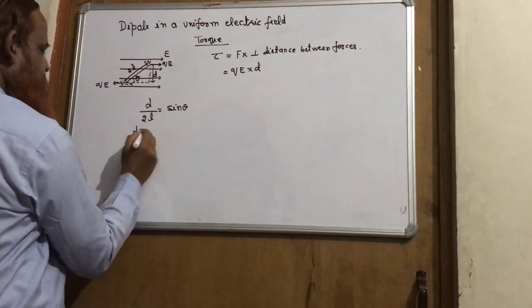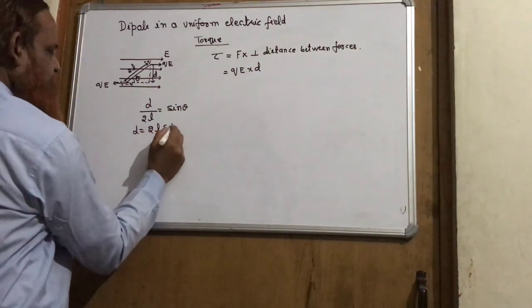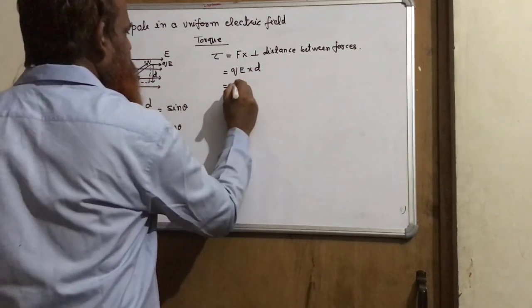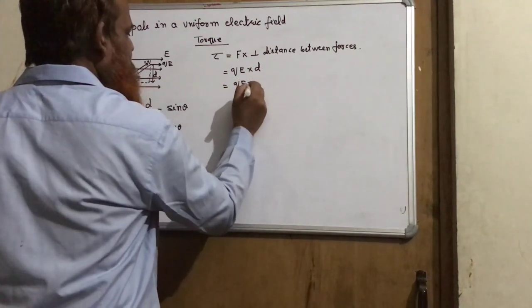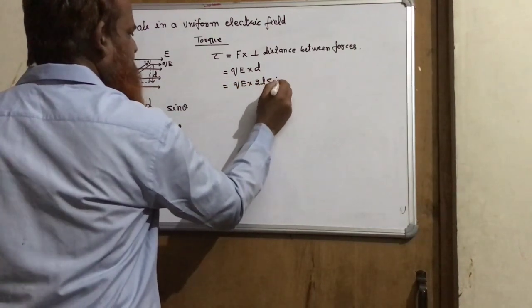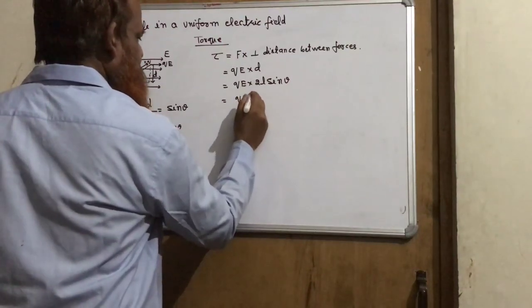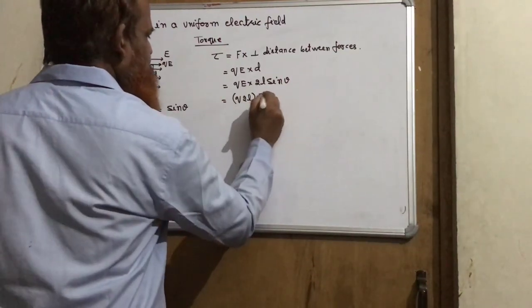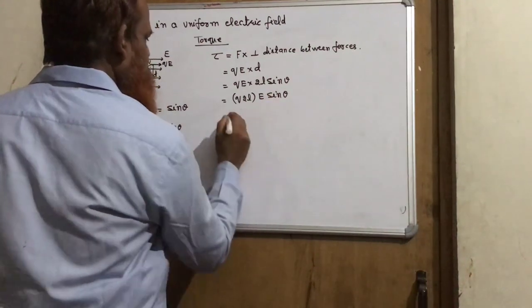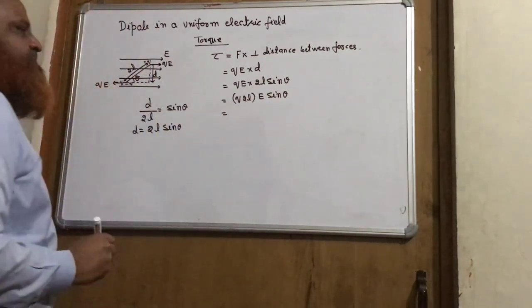So d is equal to 2L sin theta. Torque is qE into 2L sin theta, so you can write q2L E sin theta.